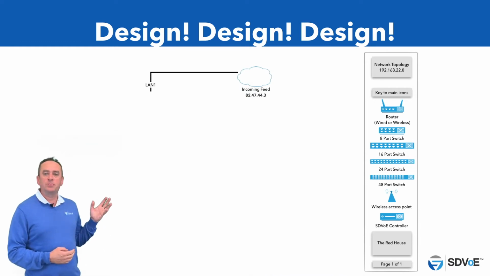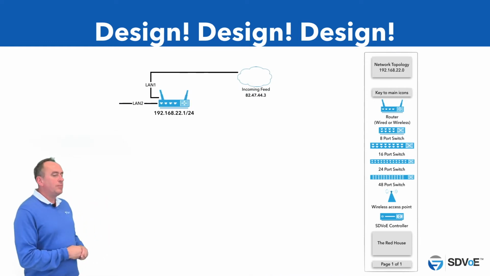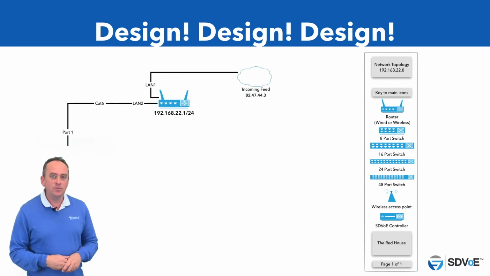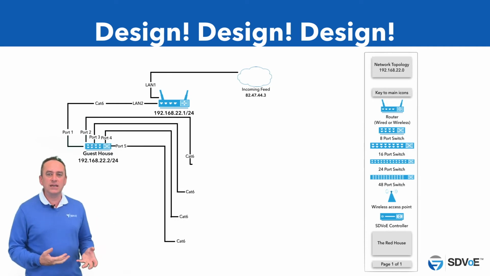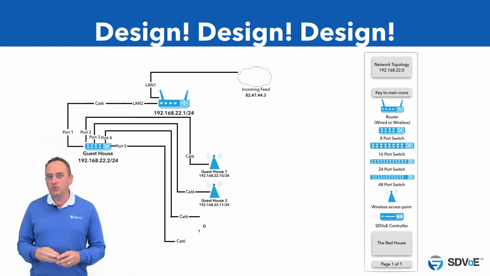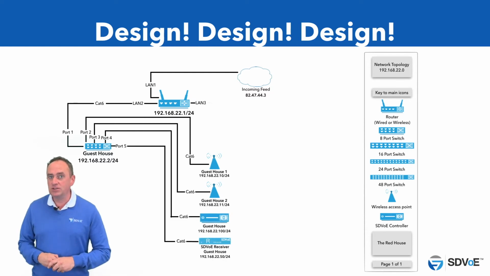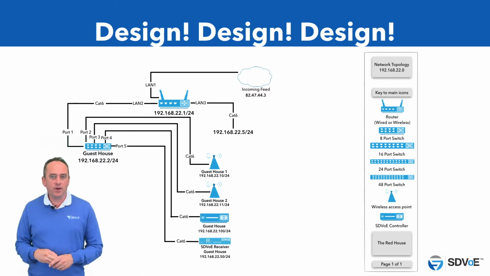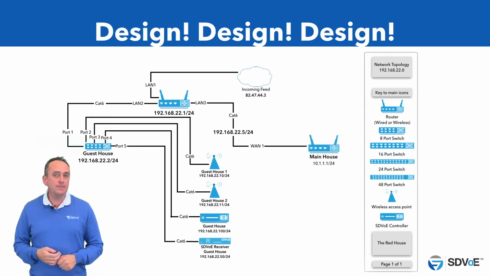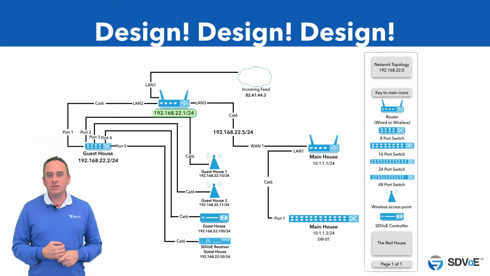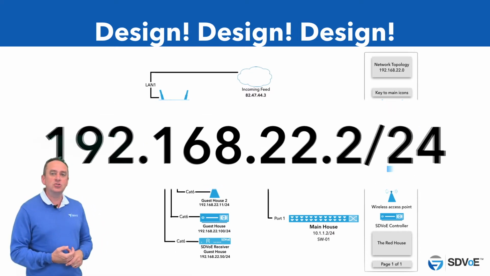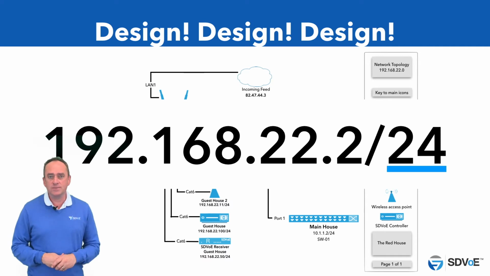When drafting out the topology drawing, always think about how easy it is to follow. Having too much information on the page can be really confusing, but you need to make sure that you've got just the right amount of information to allow you to identify where any problem might be. Each host should be clearly marked out with the IP address assigned to it and the subnet information shown after the slash.